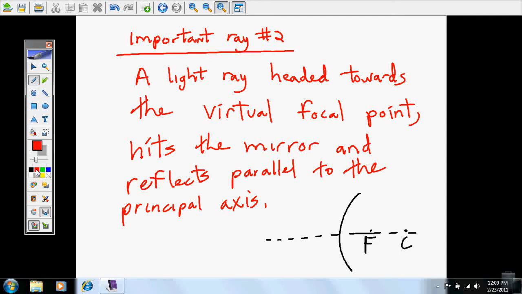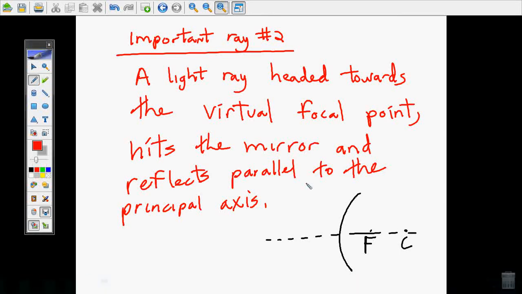So if you have a light ray that's headed, shot like you're shooting it in, as if it could go into the mirror and hit the focal point.